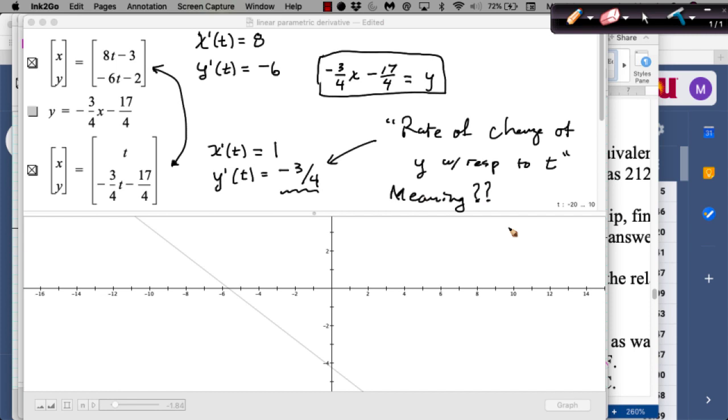If there were 3 things I would want you to get out of this course, this would be one of them: that whenever in the future you're working with a rate of change, you would come up with this relevant meaning that we've been working on earlier in the course. So can you remember it? Think about it and then share with the person next to you. What's the meaning of negative 3/4 as the rate of change of y with respect to t?